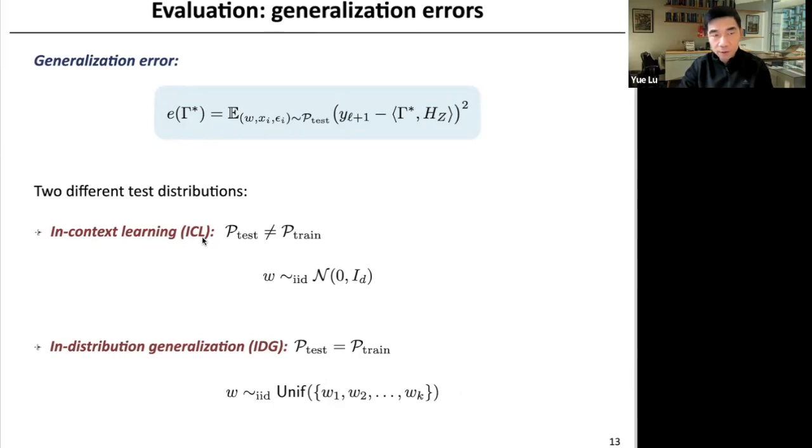They differ in terms of the probability distribution p over which we evaluate this expectation. ICL is the performance we care about, and IDG is a benchmark. We want to see whether the optimally learned weight matrix, or the neural network, is too much specialized to the task vectors provided in the pre-training data set. Is it memorizing versus is it generalizing?